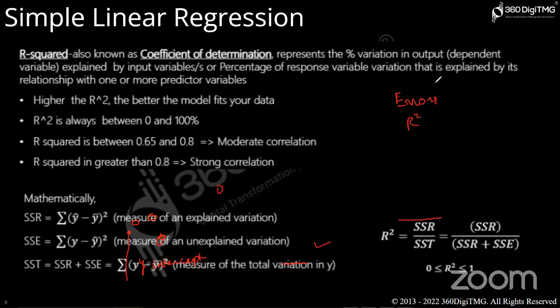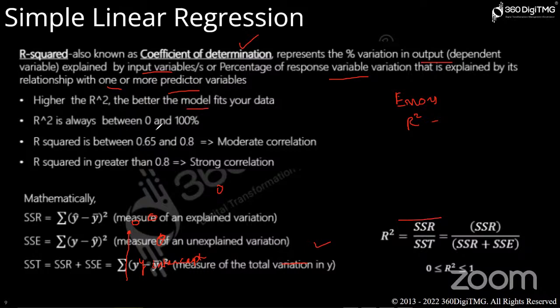This R squared value is also known as the coefficient of determination, and it is nothing but the percentage of output explained by input, or we can say the percentage of response variable variation that is explained by its relationship with one or more predictor variables.